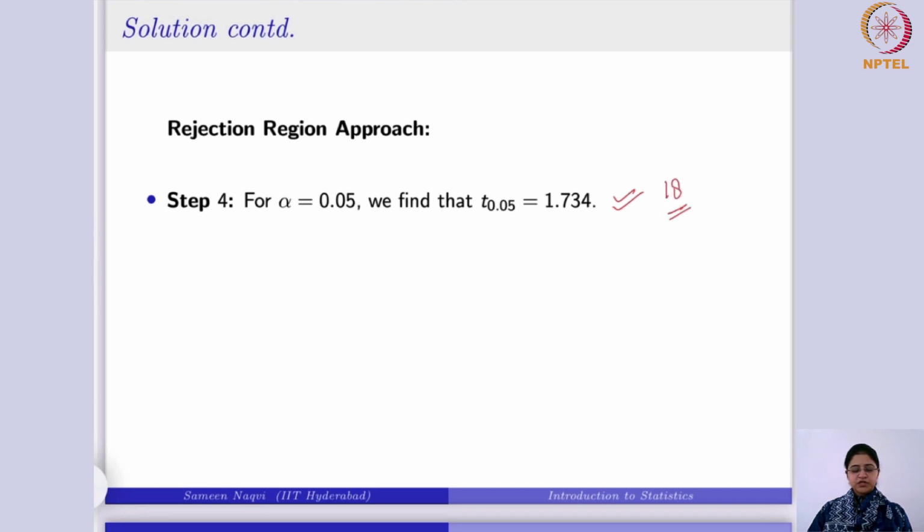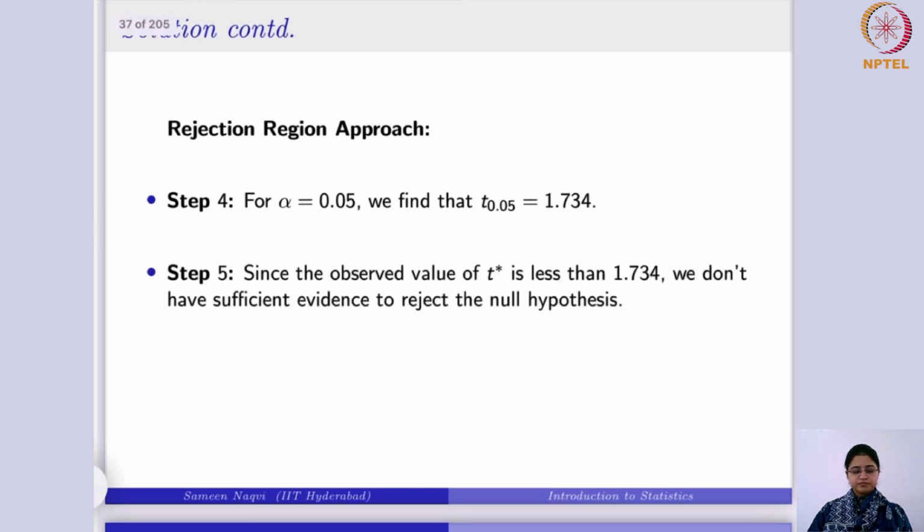You go for the corresponding degrees of freedom and the alpha value, and from there in the table you can find this 1.734. If you are unable to find it from the table, you can write the code for that in your software, that is Python. We will see it in this course this week also.